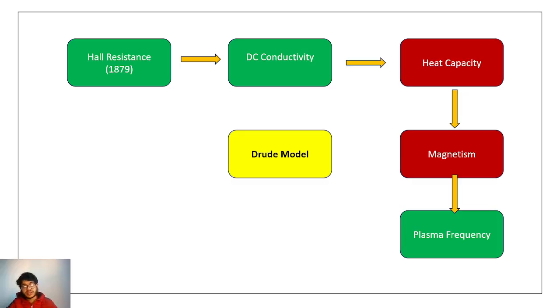The things that did not work had something to do with temperature, velocity, mean free path, and these things.